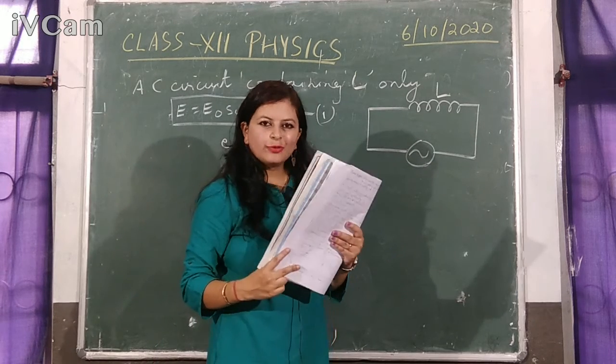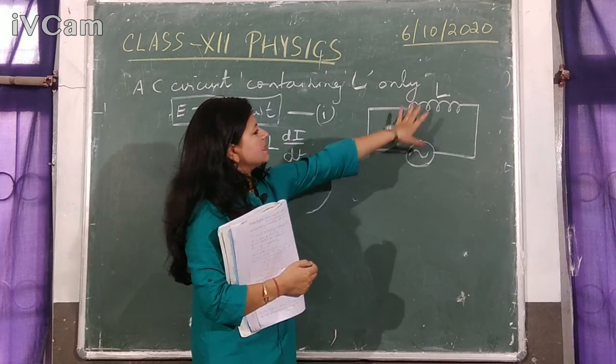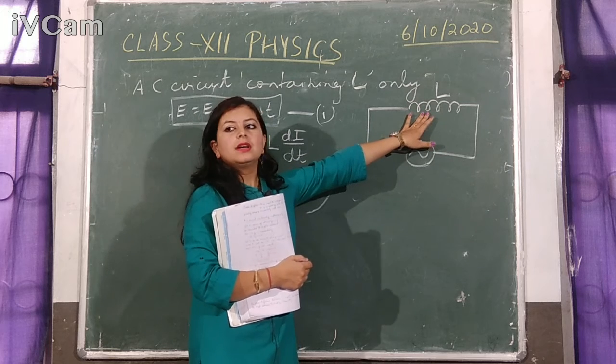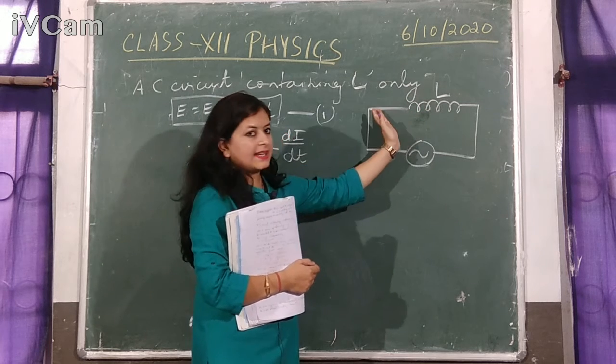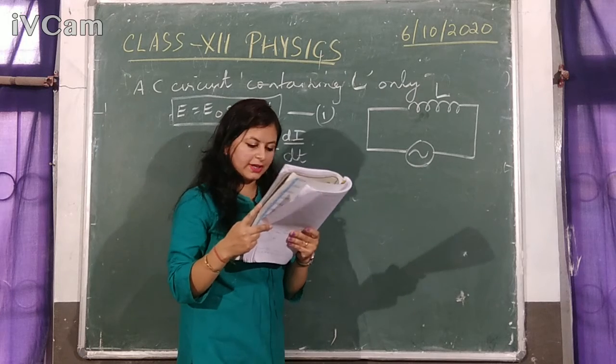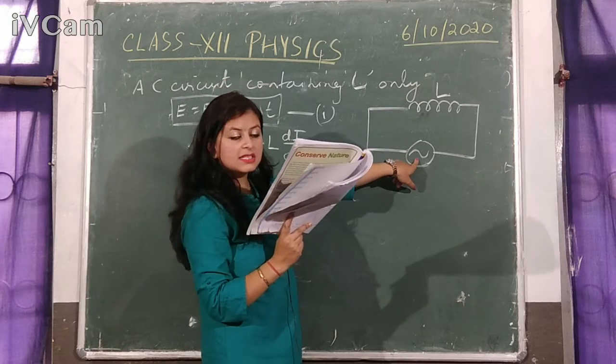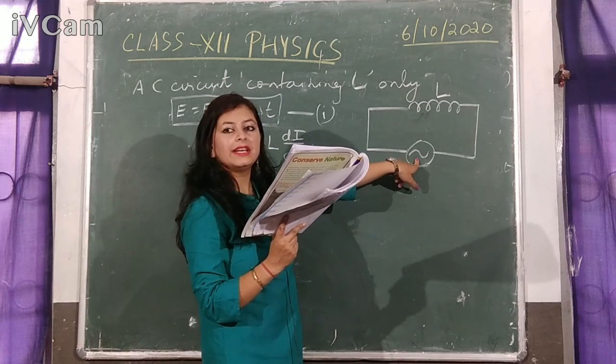Now to maintain the flow of current, current is flowing from the source, but here an EMF is actually created in the opposite direction. That means if you want to maintain the flow of current in the circuit, the applied voltage must be equal and opposite to the induced EMF.